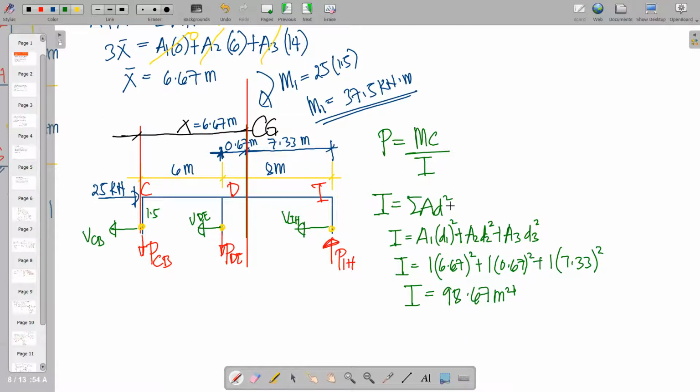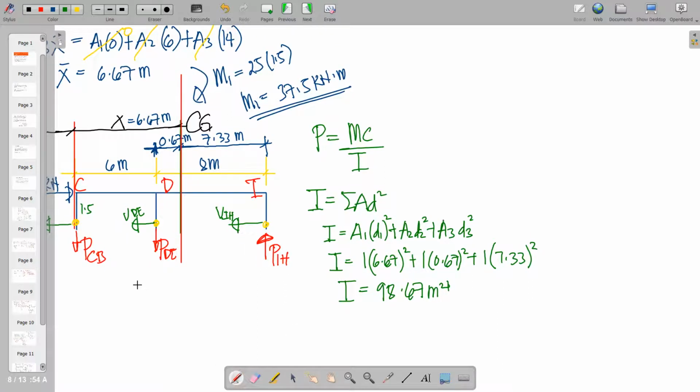So next we're going to have the corresponding forces, starting with PCB. What is the moment involved? M1. C, the distance from the centroid, is 6.67, all over 98.67, and of course we have M1 to be 37.5.